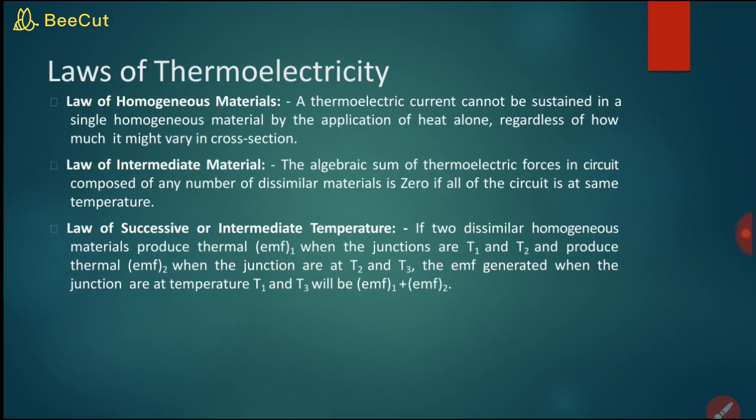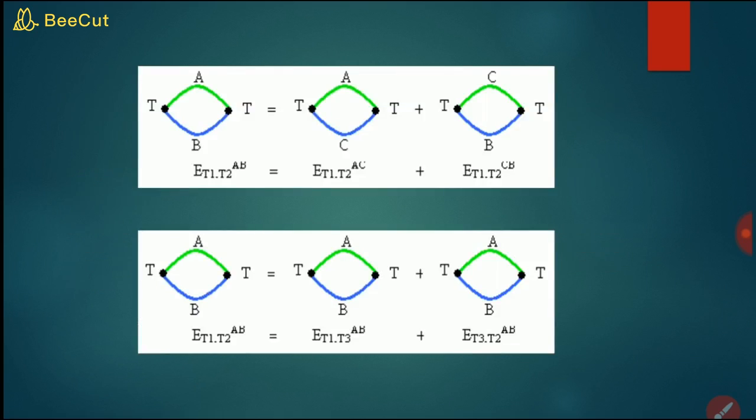And law of successive intermediate temperature: if two dissimilar homogeneous materials produce thermal EMF E1 when junctions are at T1 and T2, and produce thermal EMF E2 when junctions are at T2 and T3, the EMF generated when the junctions are at the temperatures T1 and T3 will be equal to EMF E1 plus EMF E2.